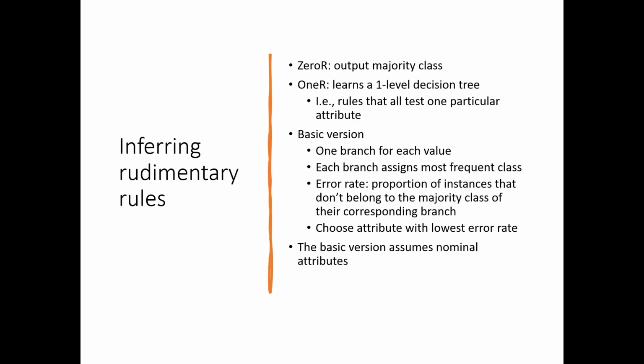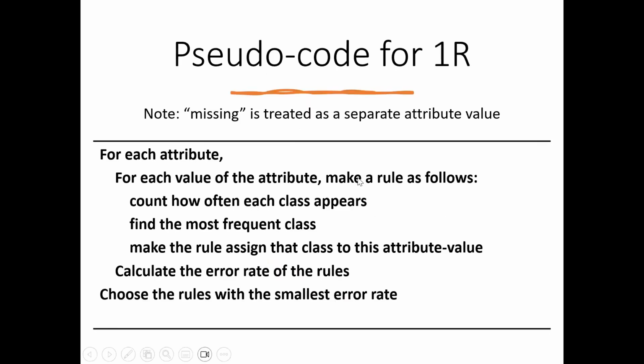By repeating that, you work on all the attributes and come up with the rule. So here is how it works: for each attribute value, you create a rule, count how many times each class appears, find the most frequent class, and make the rule assign that class to this attribute value.